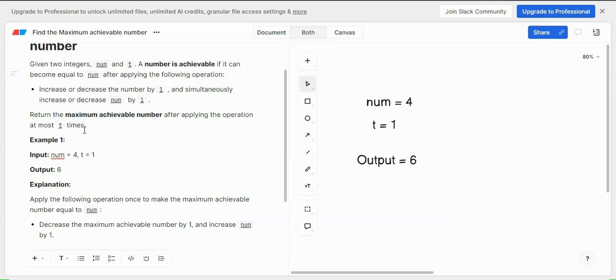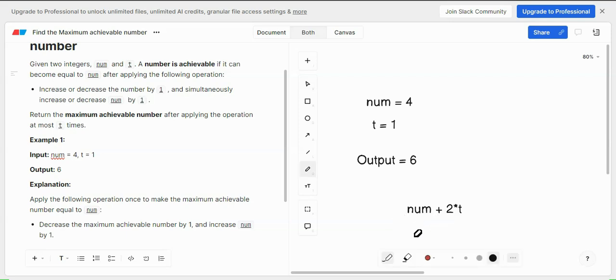I can increase by 2t. Therefore, if I add 2t to the provided number, I get the answer, which means num plus 2 into t. This is how we can achieve the maximum number.